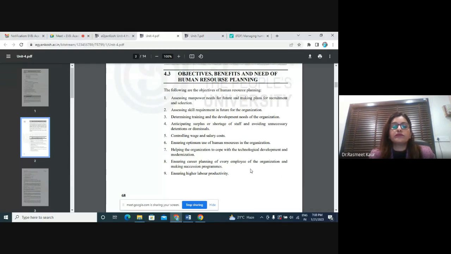Okay, so we continue with what are the objectives or benefits or need of doing HR planning. I was talking about how it helps you to determine your training and development needs. Anticipating surplus. Anticipation means to do your planning for future, to understand whether the HR which is working with you is as per the demand of the industry, as per the things happening in the industry, and how your competitors are coming up with different strategies.